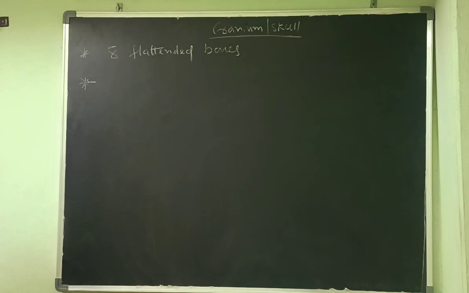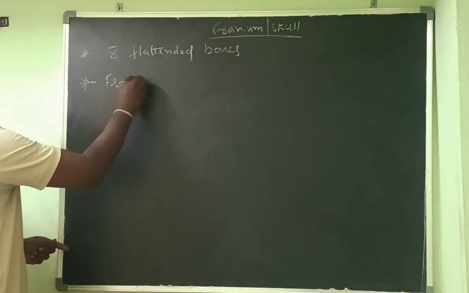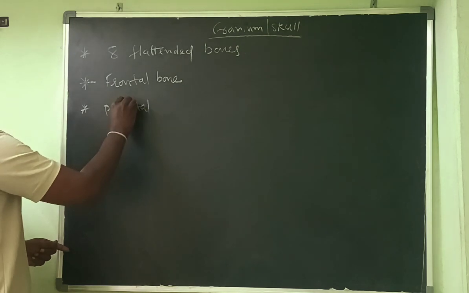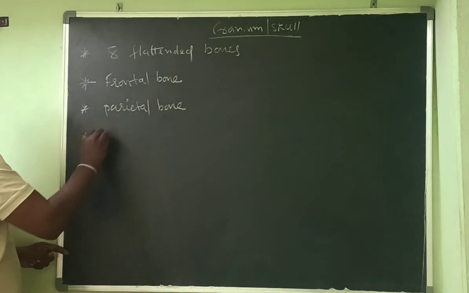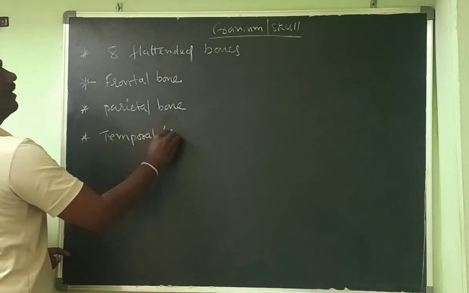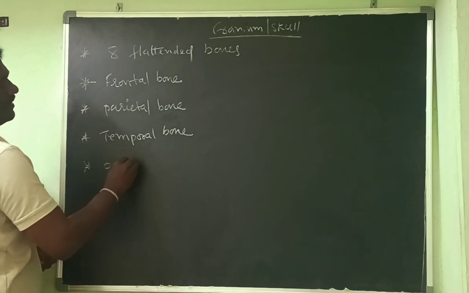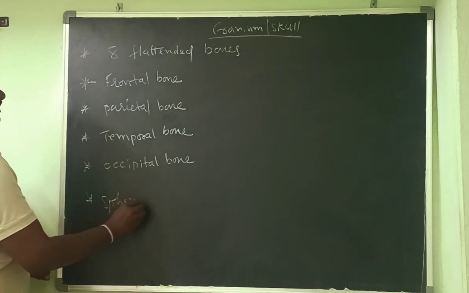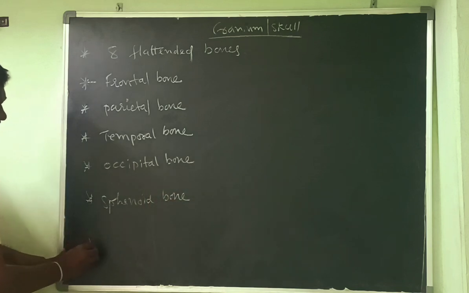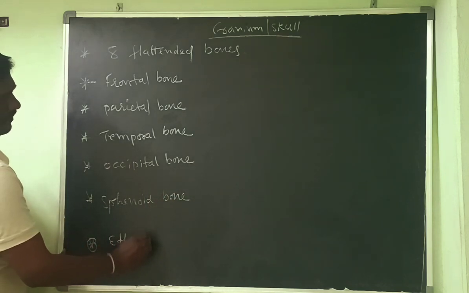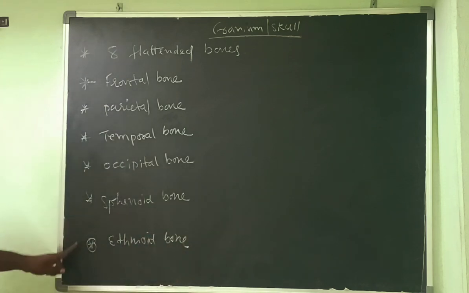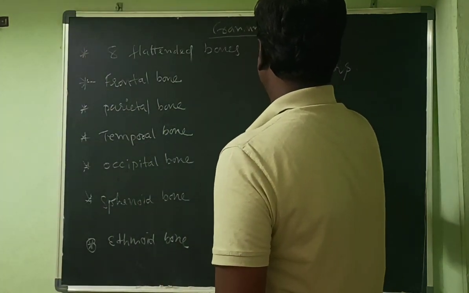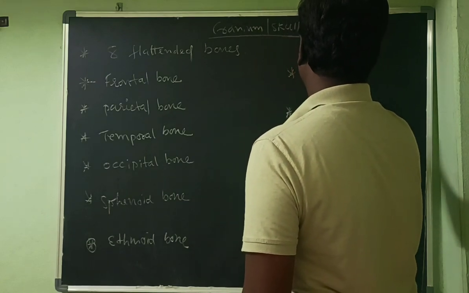The eight flattened bones are the frontal bone, parietal bone, temporal bone, occipital bone, sphenoid bone, ethmoid bone, vomer, and mandible.